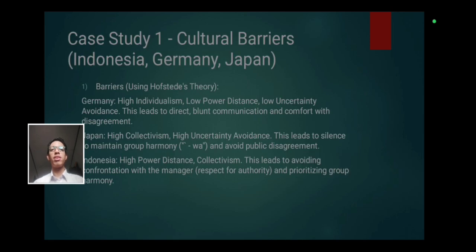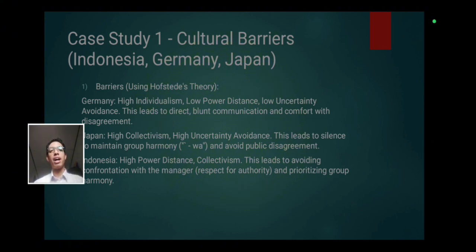Let's move to part 2. For case study 1, cultural barriers: Indonesia, Germany, and Japan. For the barriers, Germany: high individualism, low power distance, low uncertainty avoidance. This leads to direct, blunt communication and comfort with disagreement.